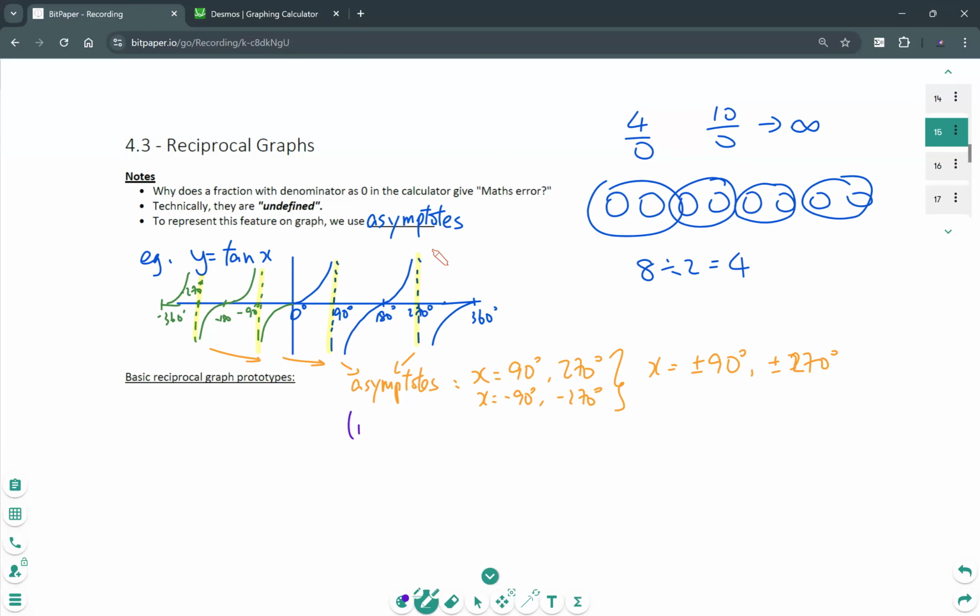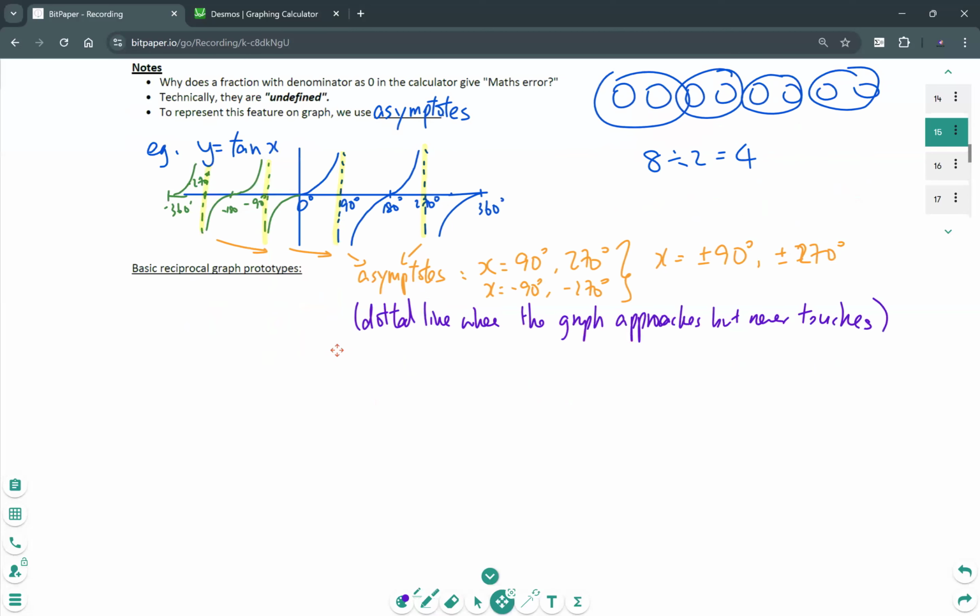It's a dotted line where the graph approaches but never touches. So it's like an invisible wall, where we get closer and closer, we're edging closer and closer, but it never touches it. Okay, right?